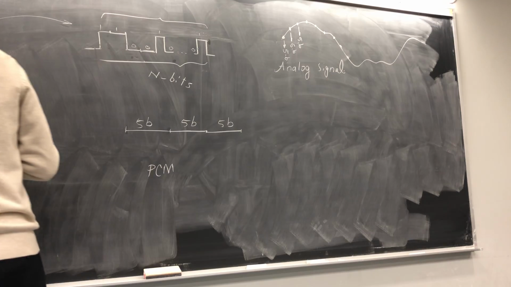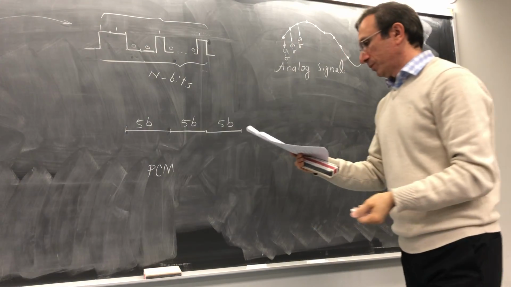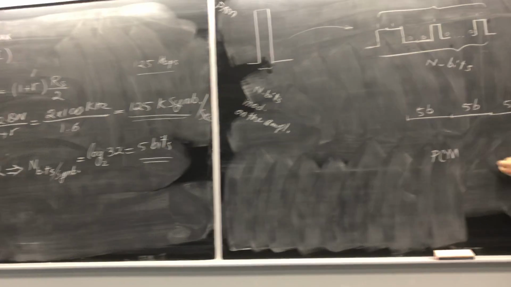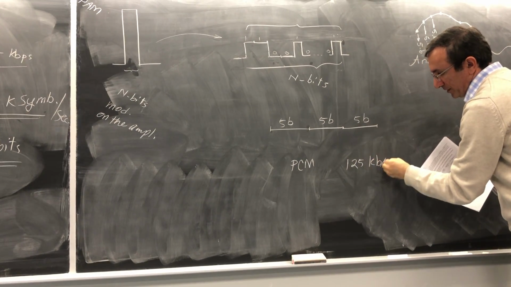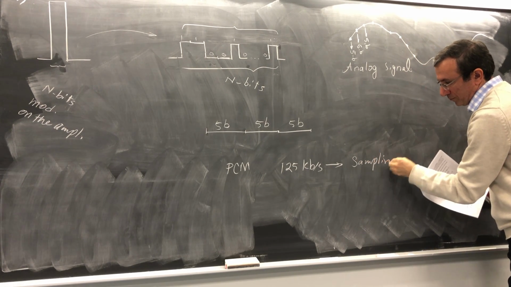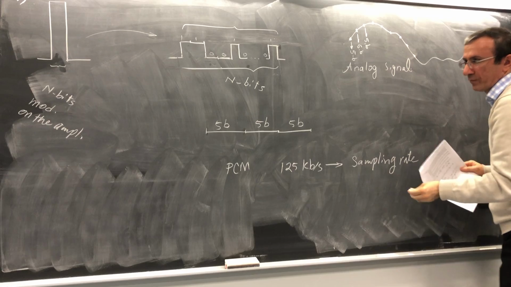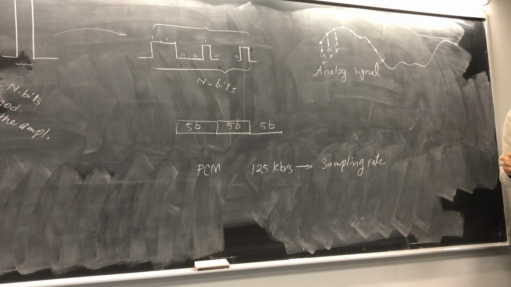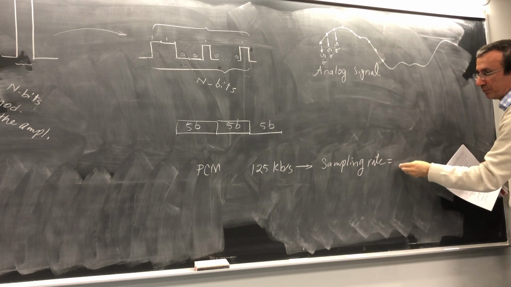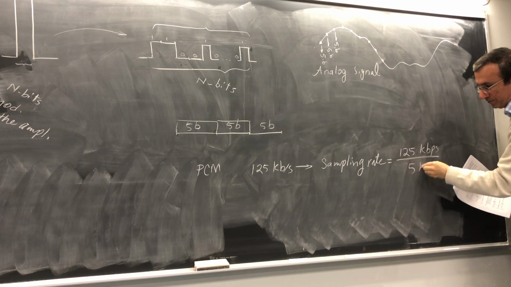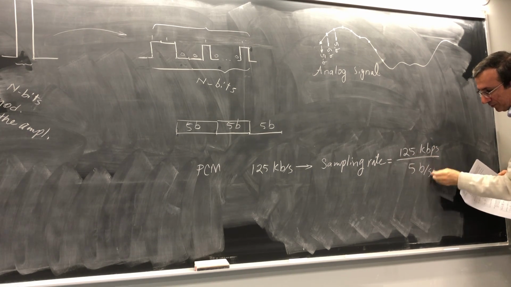If the rate of the bits is 125, is it bits or kilobits? Kilobits. So this one is 125 kilobits per second. Can you tell me what is the sampling rate? Each one of the 5-bit packs represents one sample. So the sample rate would be 125 divided by 5 per sample.